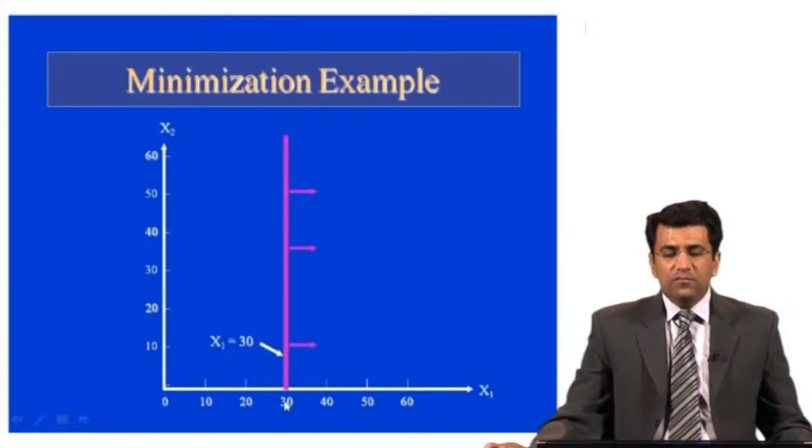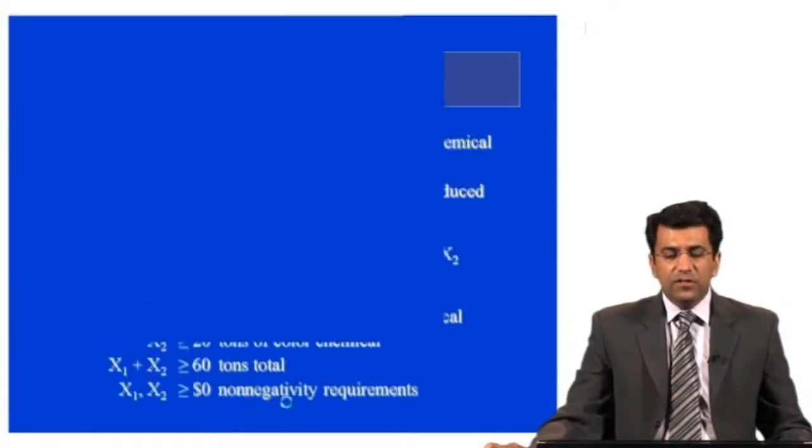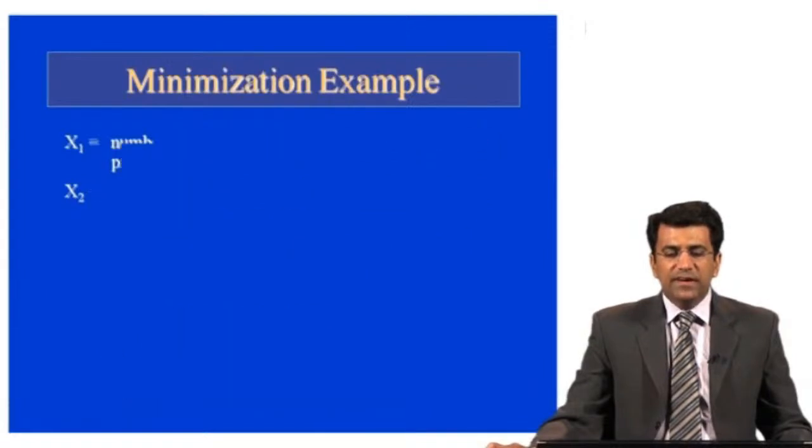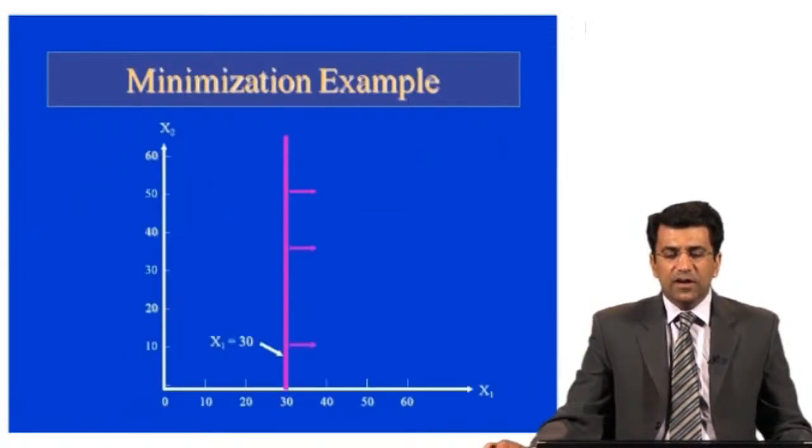So first of all we will draw the first constraint. And what is the first constraint? That is x1 is equal to or greater than 30. There is no value of x2 for this particular constraint. Now how we will draw this particular constraint on our graph? This is the x-axis, and our inequality is x1 is greater than or equal to 30.